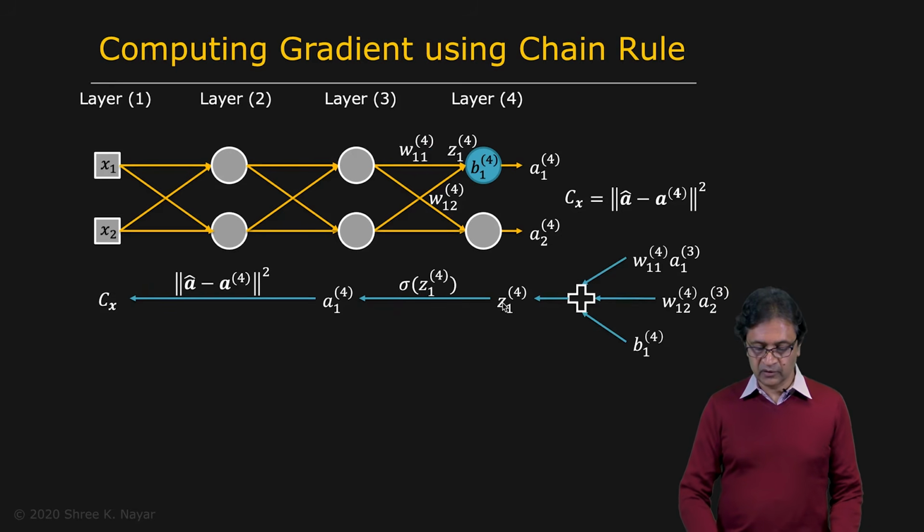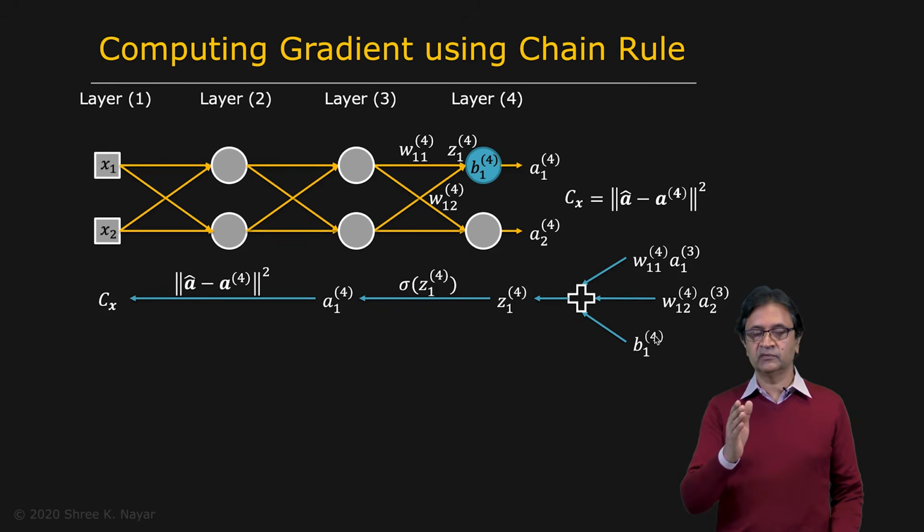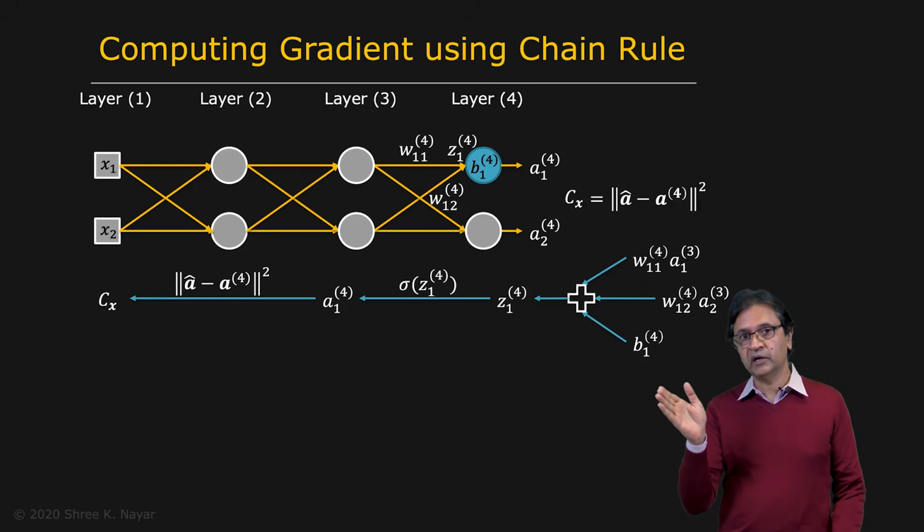That depends on the activations of the previous layer through the weights and the bias of this neuron: it's W114 times A13 and so on, and you have your bias B14. So that's the pipeline that takes you from layer 3 to the output of layer 4, and the impact of that on the cost.